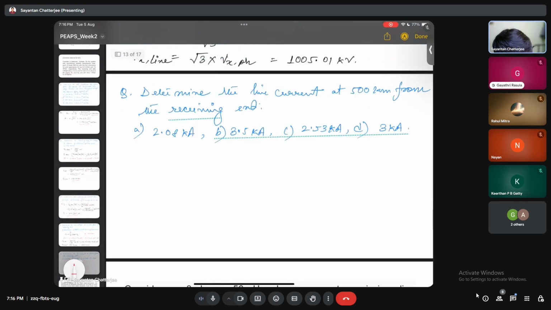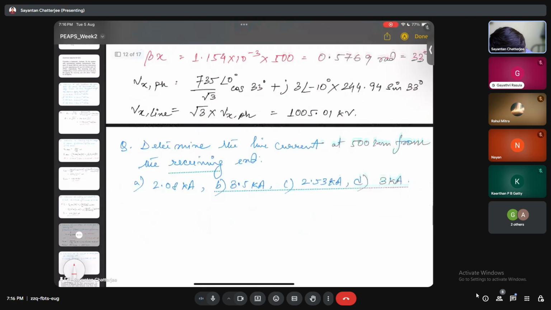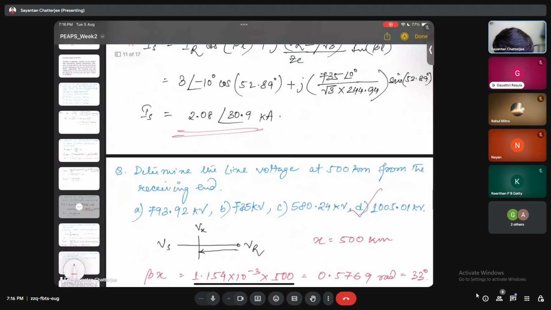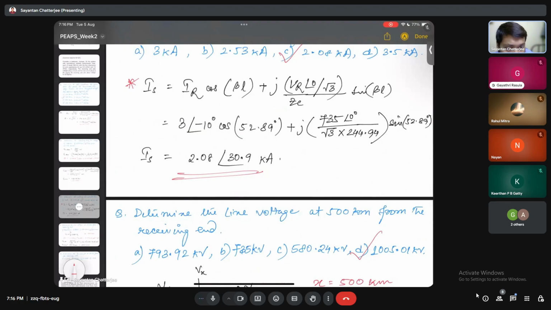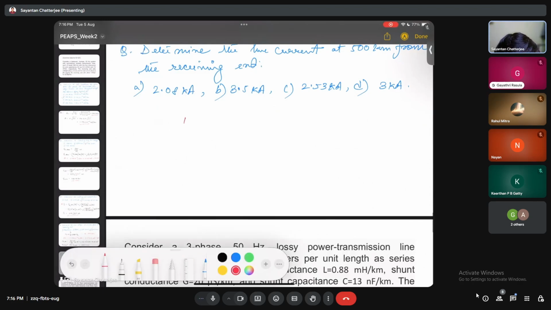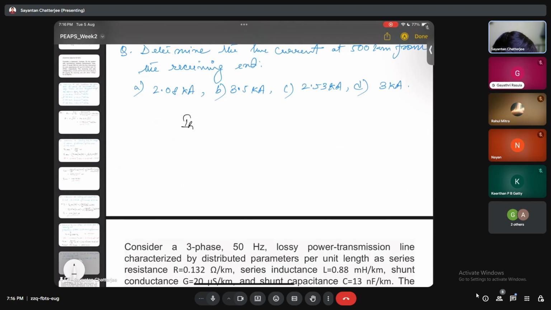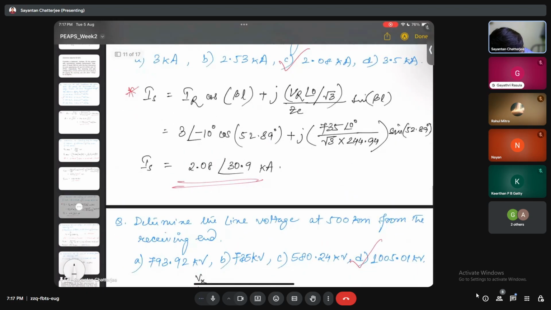So let's write the formula here. IR cos beta L will be IR cos beta X, plus j VR phase by ZC sin beta X. So this is the phase by ZC.